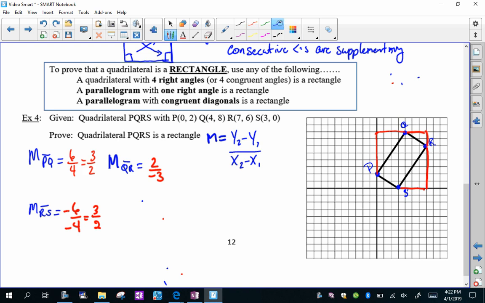And then the last one I have to look at is the slope of PS. All right, so PS, I'm going to go down negative 2, and then I'm going to run positive 3. So that's negative 2 over 3. Those are negative reciprocals.